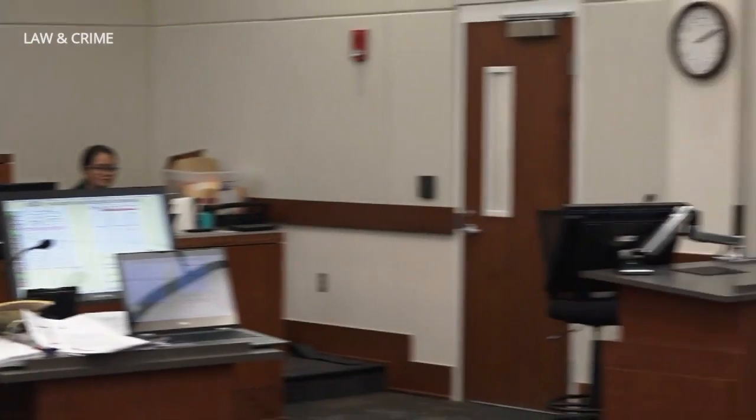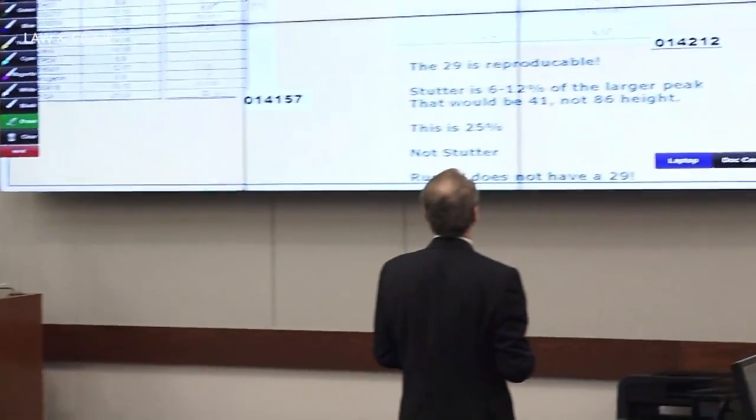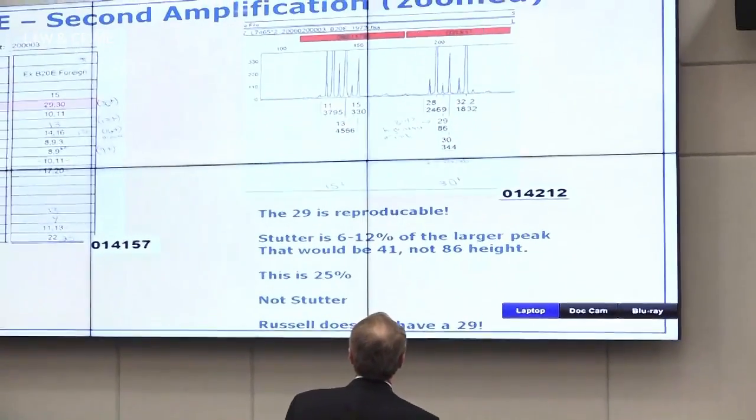Okay. Now, I want to focus on D21S11 and page 14212, where you zoomed in. That 29/30 comes up again, doesn't it? Yes, it does.